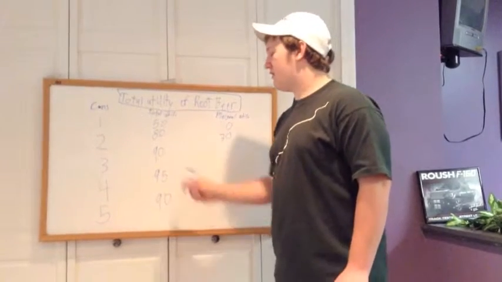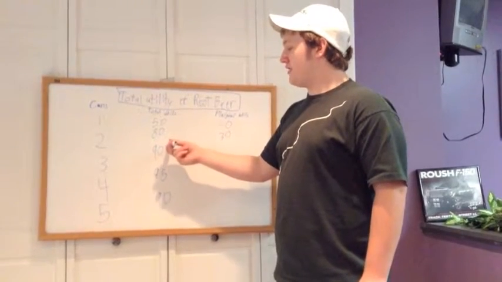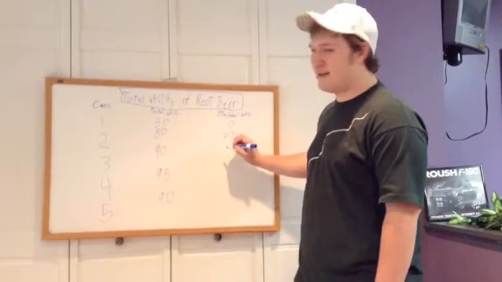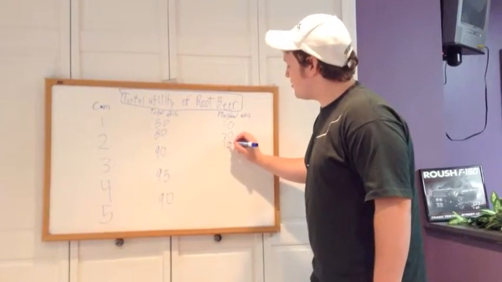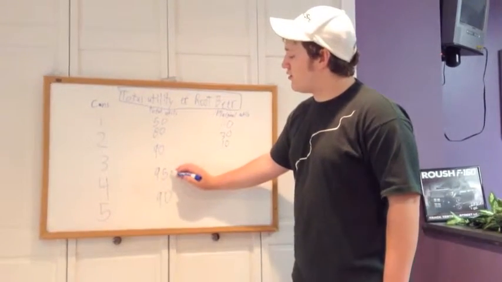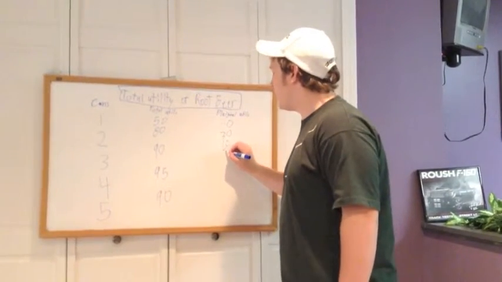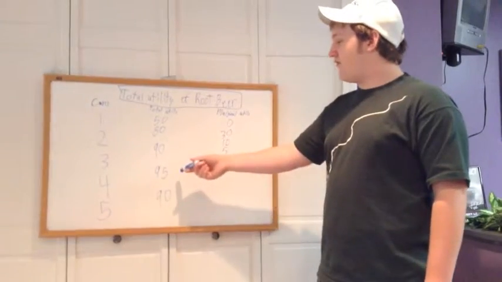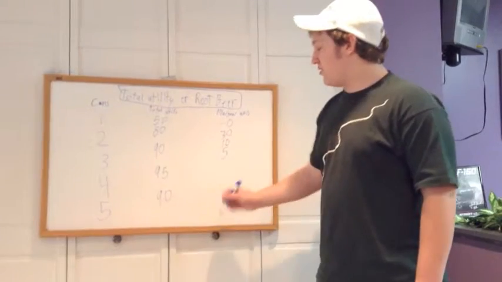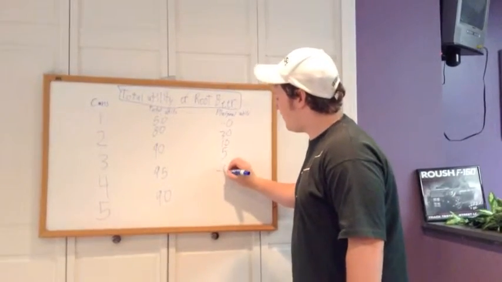equals 80. Now you only get 90, which means it's only 10 more than 80. So you can see how this is diminishing slower and slower. Now your total is only 95. You only got 95 from 4 cans. And last, you lose 5.